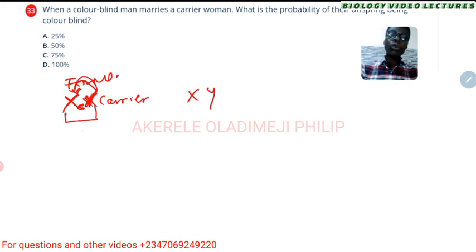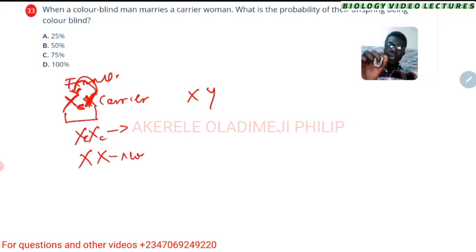Then for a woman to have an X-linked disease, the two X chromosomes must have the issue, like that, CC. And this is a normal person, doesn't have anything. So for X-linked traits, we have three categories for female: they can either be normal, or have the disease, or they are a carrier.